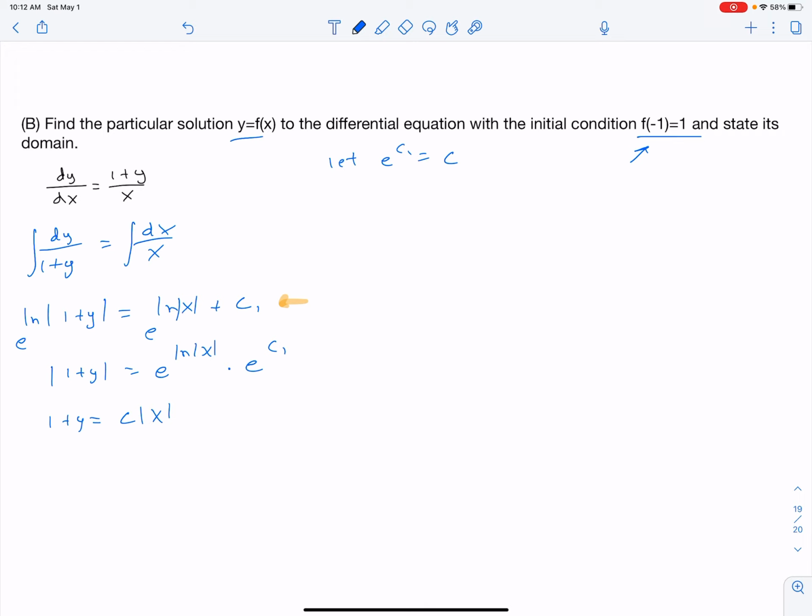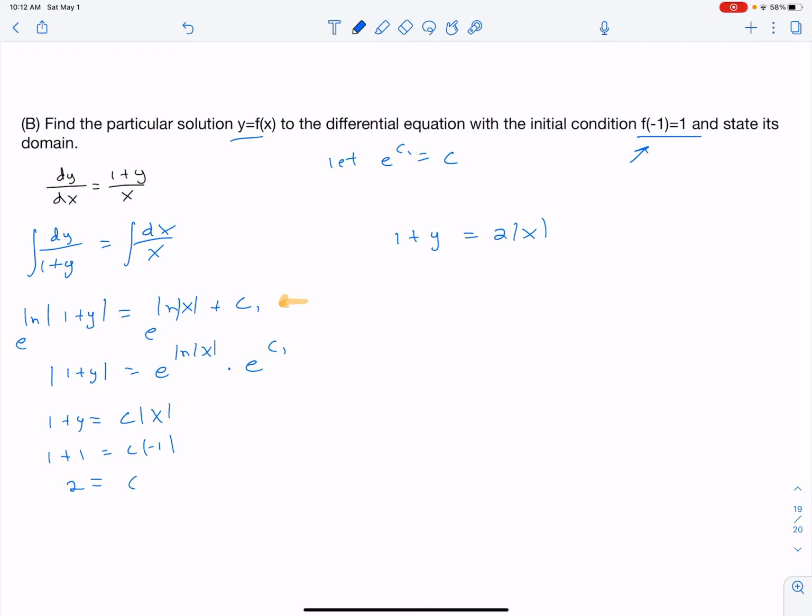Let's solve for c. I'm going to plug in the point (-1, 1). So I get 1 plus 1 equals c times the absolute value of -1. I think you'd agree c equals 2. So what I'm left with is 1 plus y equals 2 times the absolute value of x.